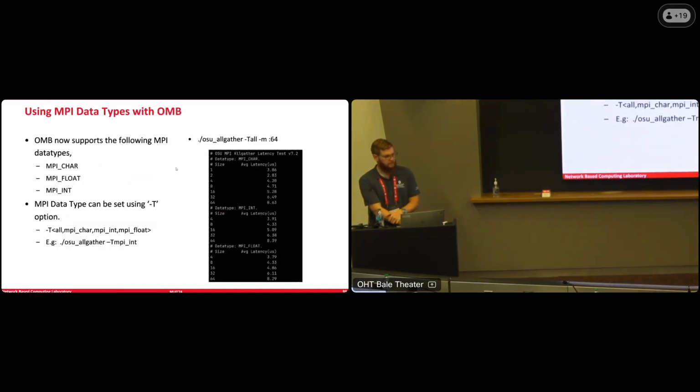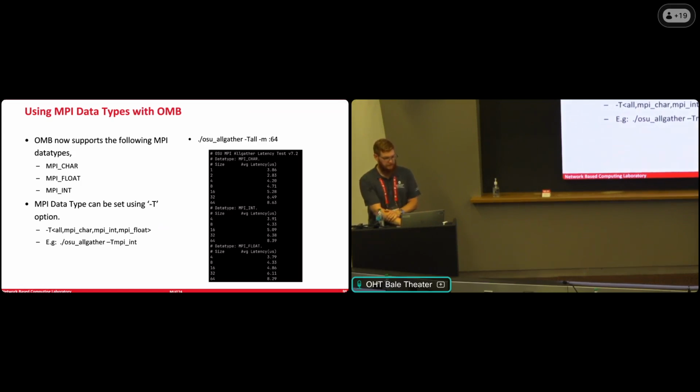We also support MPI built-in data types. So older versions of OMB would pretty much just use MPI char types for most communication collectives and MPI ints for reduction-based collectives.